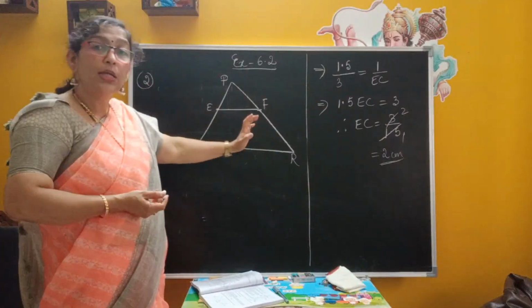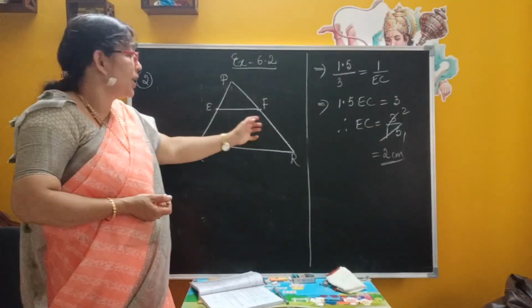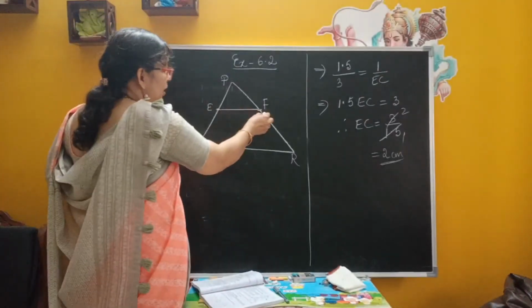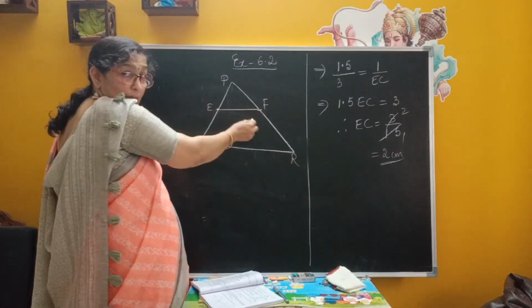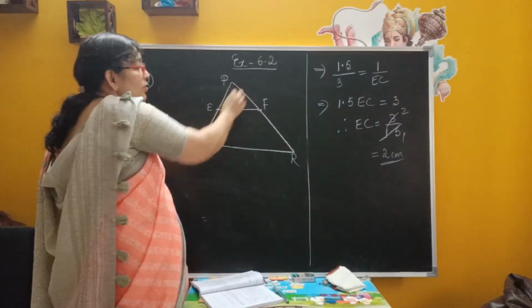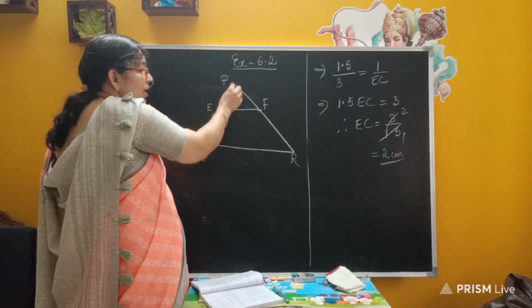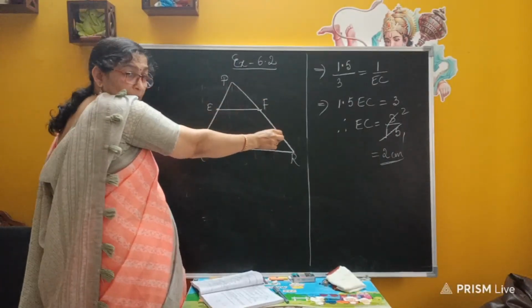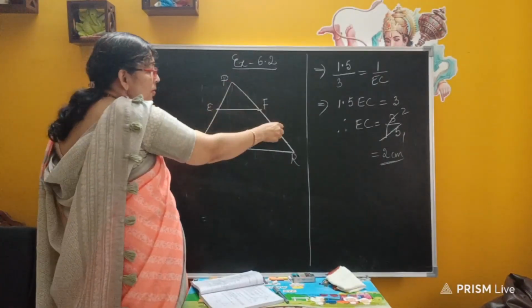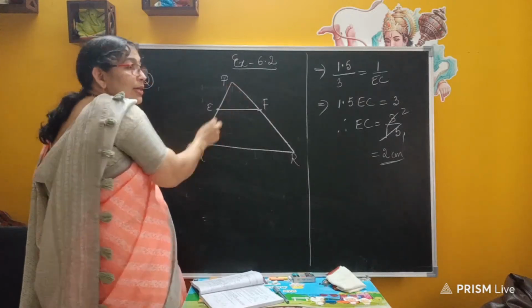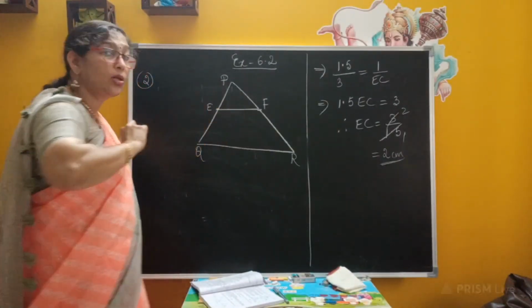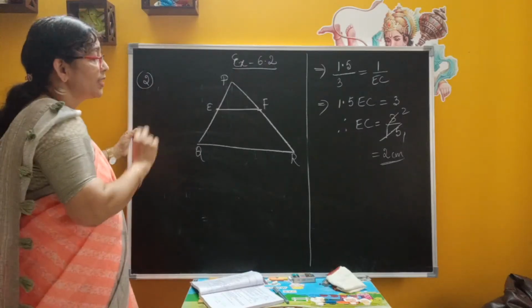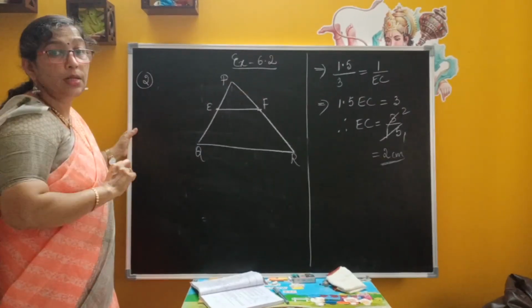According to the basic proportionality theorem or Thales theorem, if a line is drawn parallel to one side of a triangle, the other two sides are divided in the same ratio. That is the meaning of that. The other two sides are divided in the same ratio.